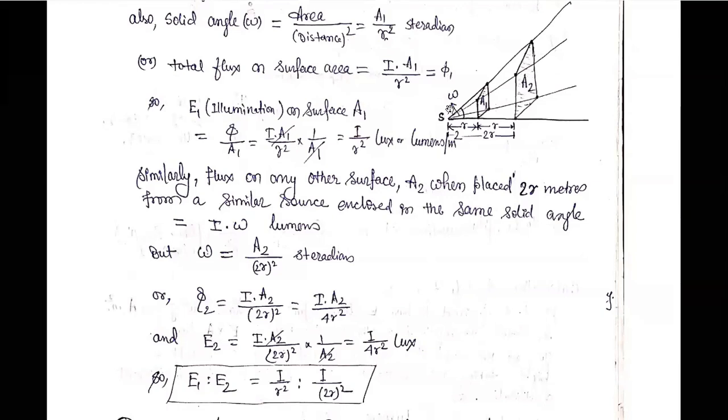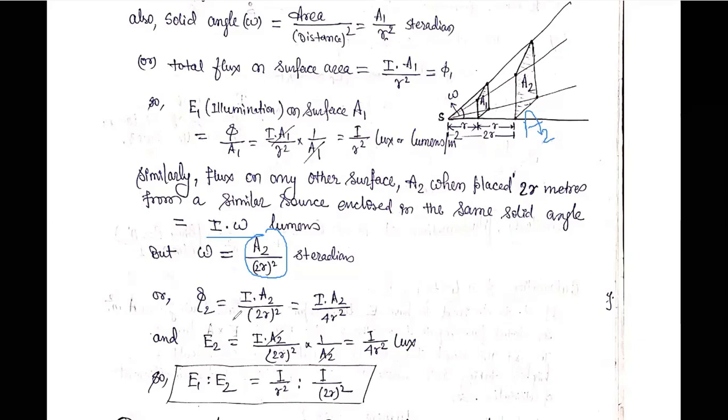I into omega, where the value of omega is the area of this surface, that is A2, divided by the square of the distance of that surface from the point source, that is A2 divided by (2R) square. This is omega for the surface 2 having area A2.